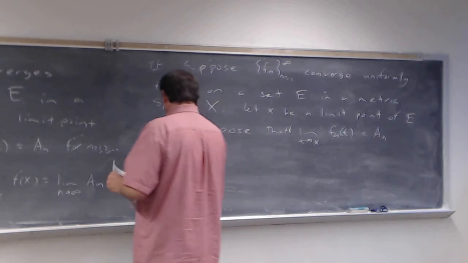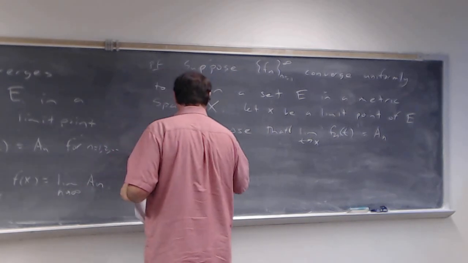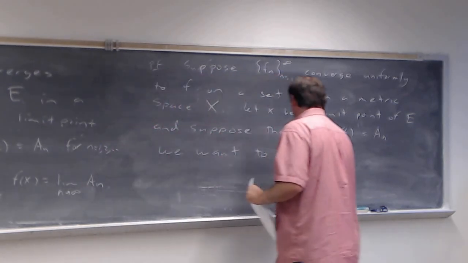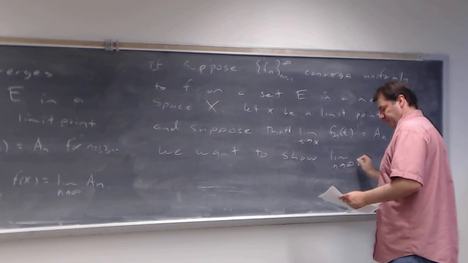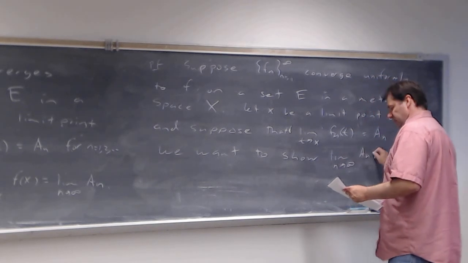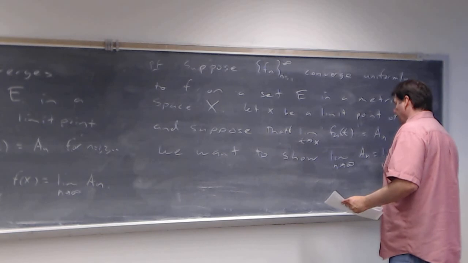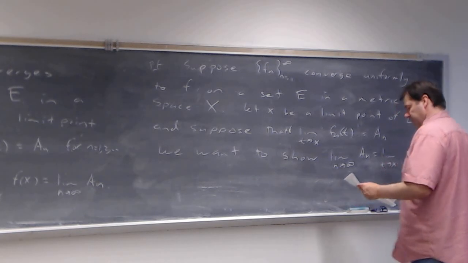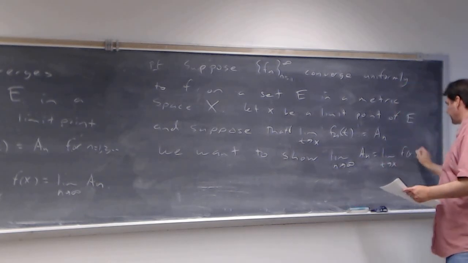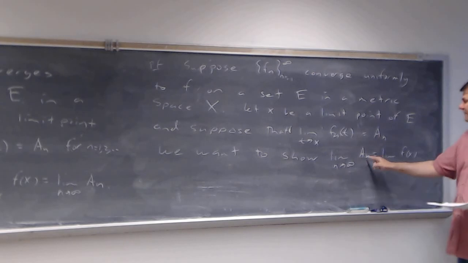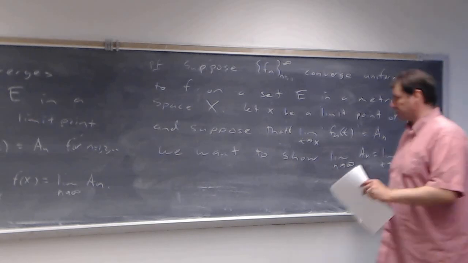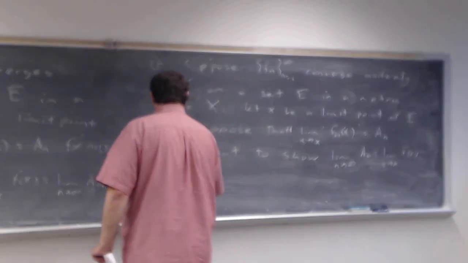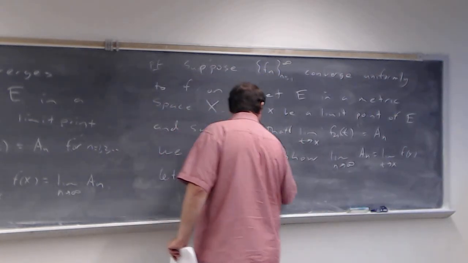What we want to show is that the limit as n goes to infinity of the a sub n's equals the limit as t goes to x of f of x. That's what we want to show. But really, we haven't even shown that the a sub n's converge, and that's part of the conclusion of the theorem. So really, we'll work on that first. So we'll let epsilon greater than 0 be given.